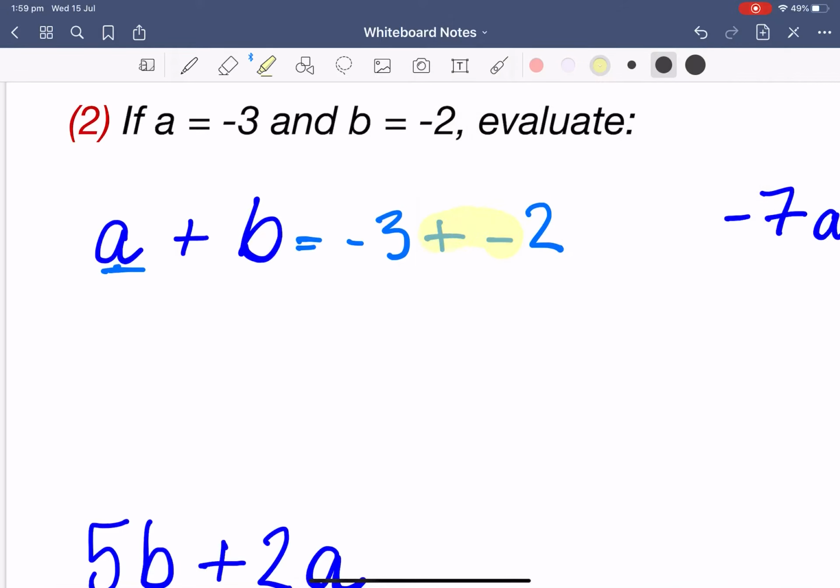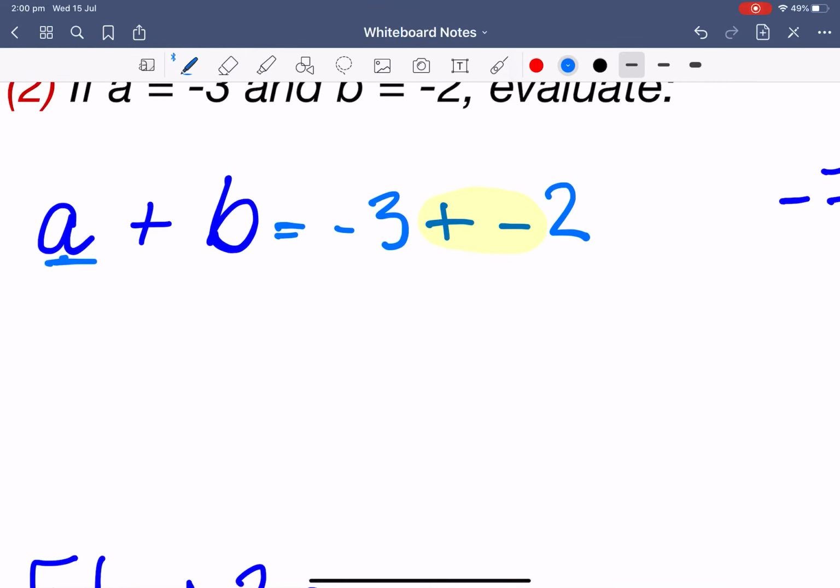I can see these two symbols are next to each other, so I'm going to highlight them. When a positive and a negative are next to each other, they fuse together to become negative. So then you end up having -3 take 2. So -3 take 2, you've got -$3 in your bank account. You're going to take away $2, so now you end up having -$5, okay?